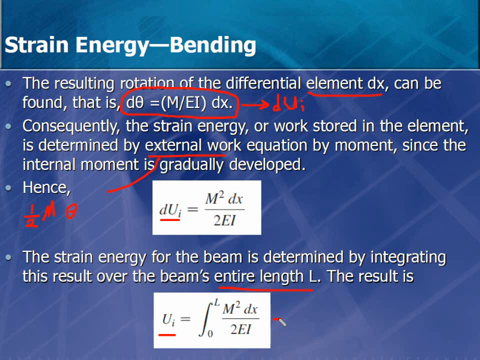And then I can say this is equal to the external work, which is 1 over 2 M theta. And you realize that delta goes for deflection, theta goes for slope. Whenever we're talking about deflection, we always have slope as well within the topic. So when we're calculating deflection, always deflection and slope will come. So theta here basically is the slope, delta goes for the deflection.